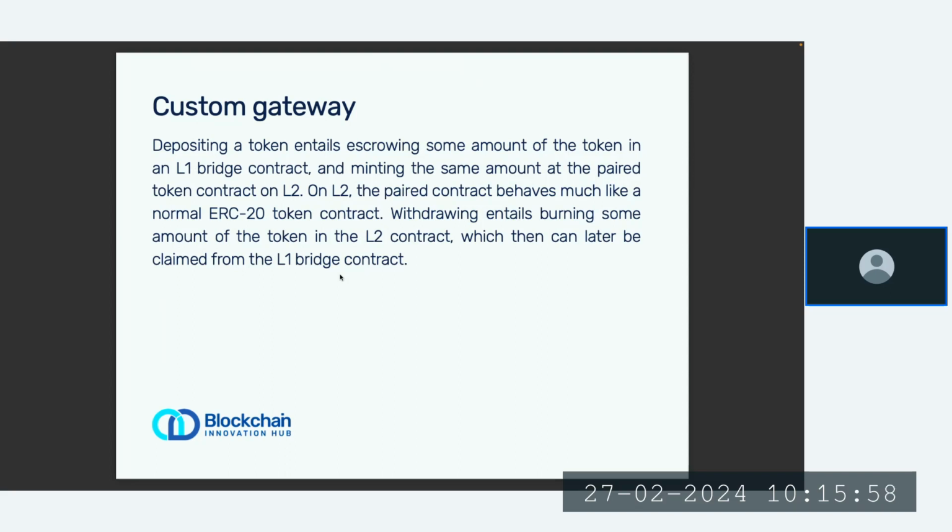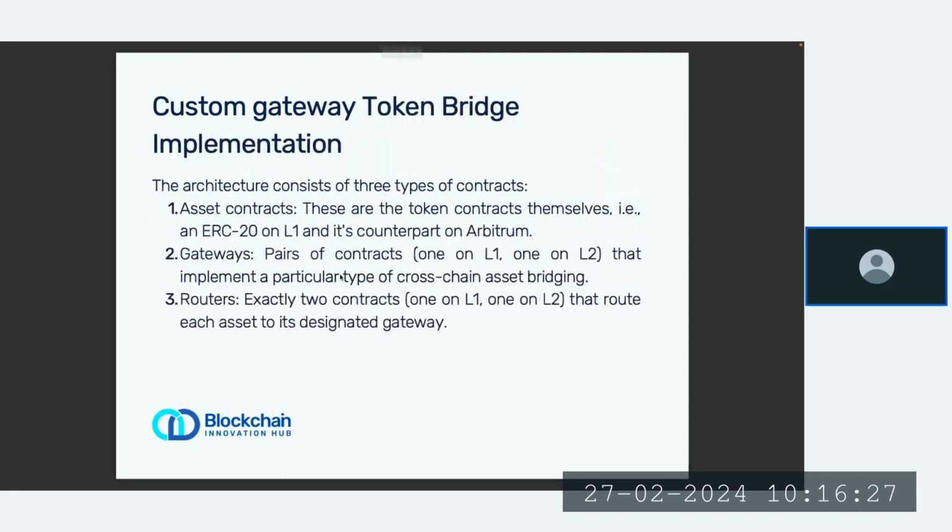So once you deposit, it mints the same amount that you deposited on the L1. So that was how depositing works. Withdrawing, if you want to withdraw, what happens is it burns some amount of the token in the L2 contract, which can later be claimed from the L1 bridge contract. So we'll see how this works.